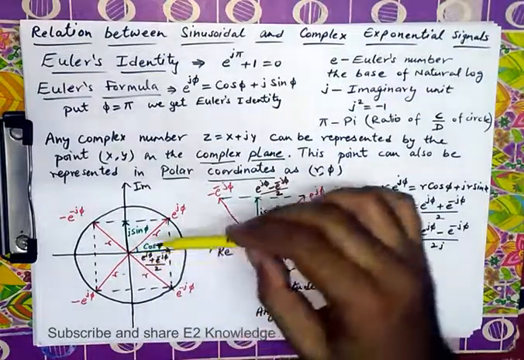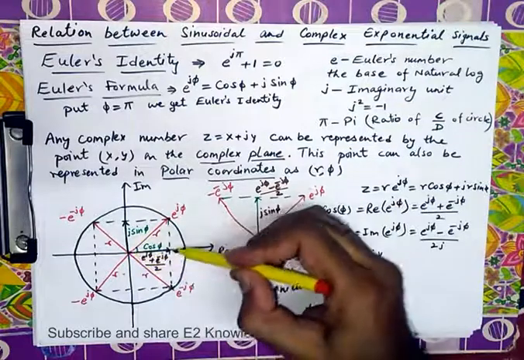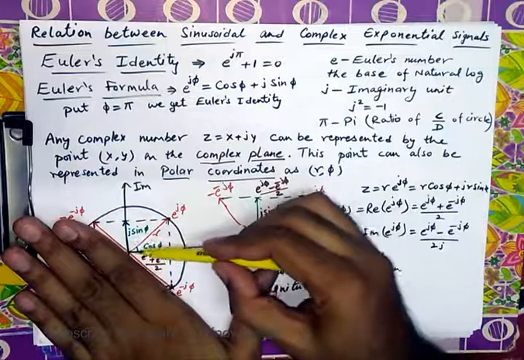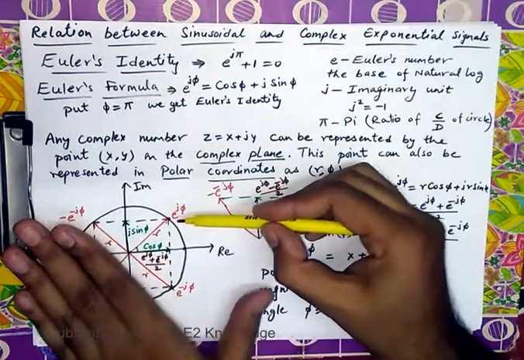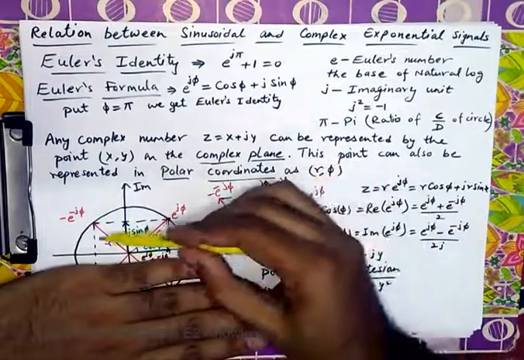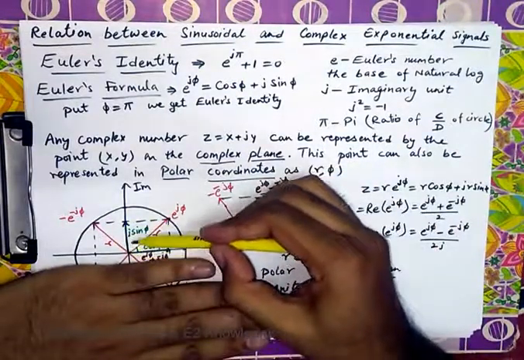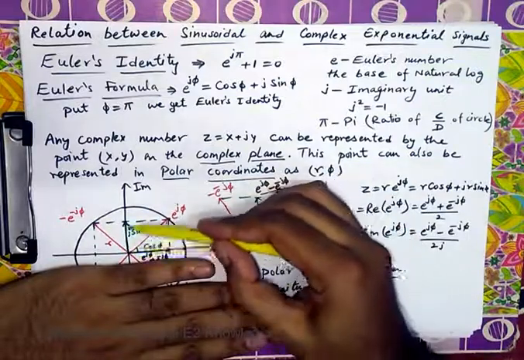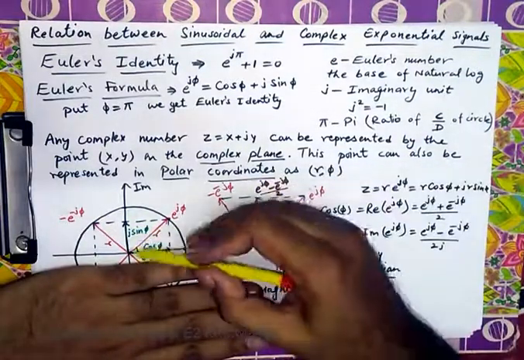Now you can see that these two have resultant value e raised to the power j phi. Similarly, these two have resultant value j sin phi. That is, this minus this divided by 2 is equal to j sin phi.